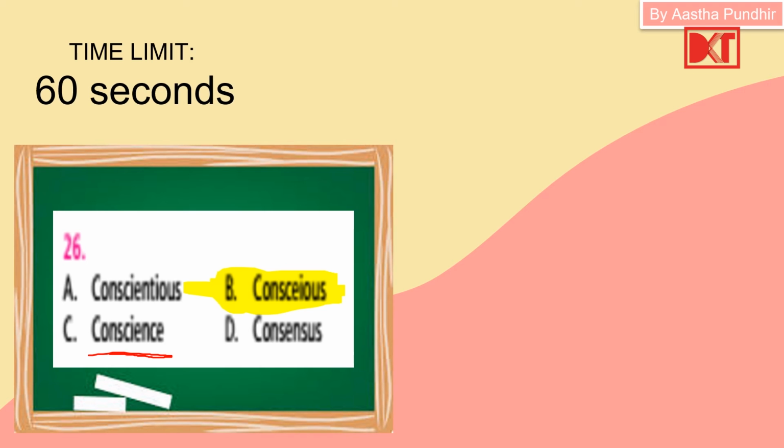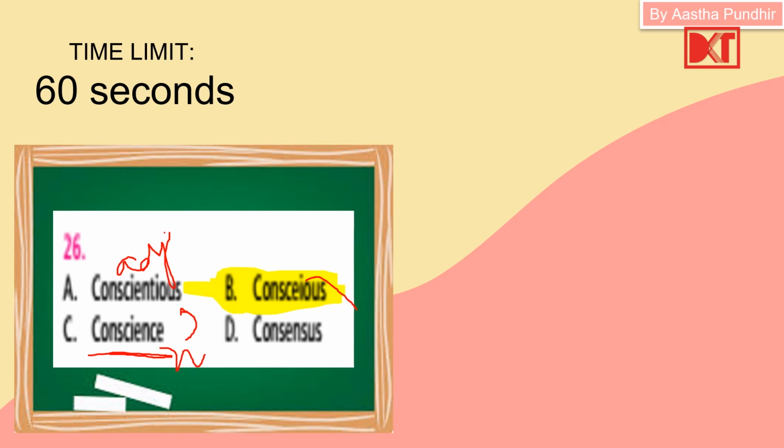Okay, here it is conscientious. Here this is a noun. This is an adjective of the same, we can say, conscientious. And here I think what they're trying to say is conscious.